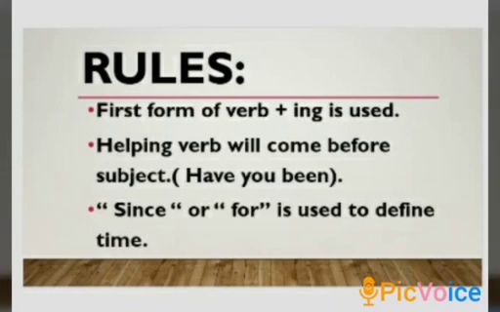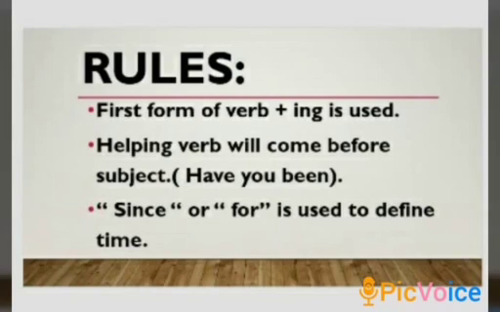Now let's discuss the rules of interrogative sentences of present perfect continuous tense. First form of verb plus ing is used here, and the helping verb will come before the subject. Have you been or has you been? And since and for we use here to define the time. So first form of verb plus ing, and which helping verb do we use here? Have been or has been.